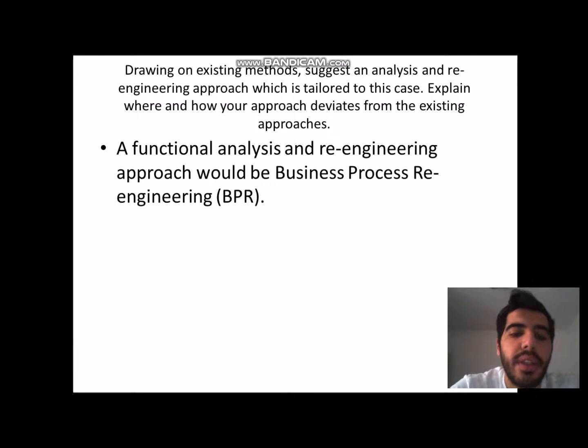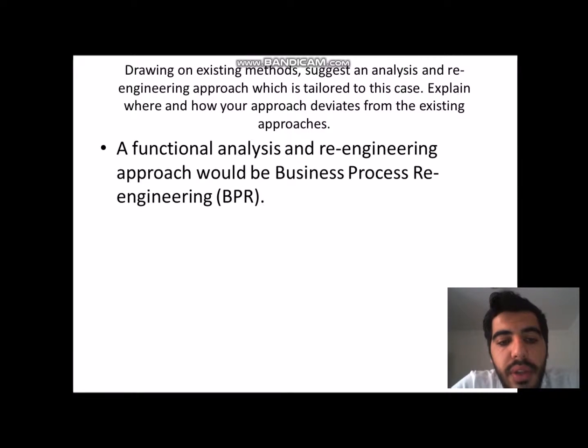Drawing on existing methods suggests an analysis and re-engineering approach which is tailored to this case. Explain where and how your approach diverges from the existing approach. A functional analysis and re-engineering approach would be business process re-engineering, that is BPR.